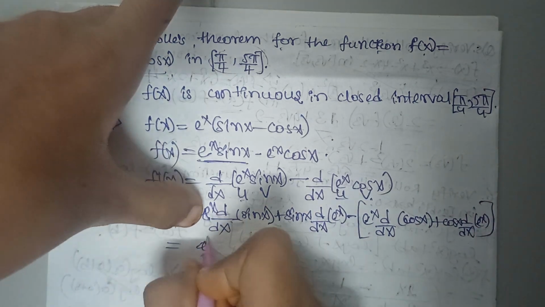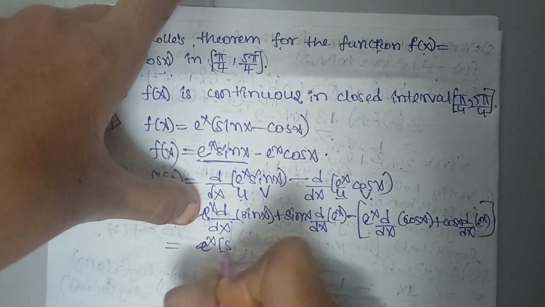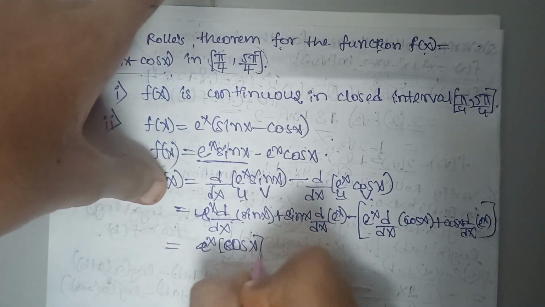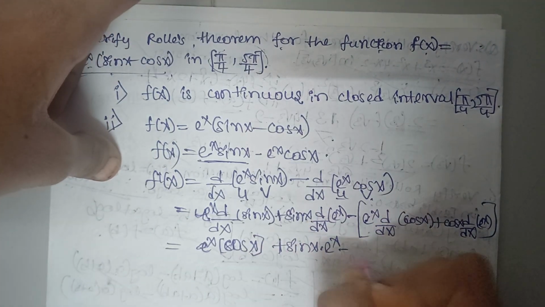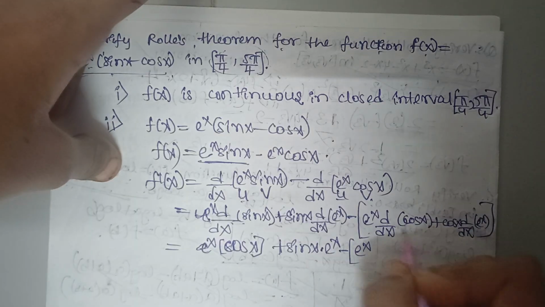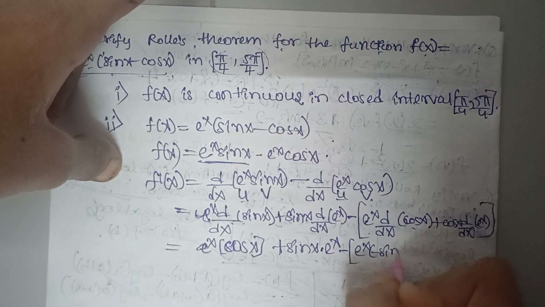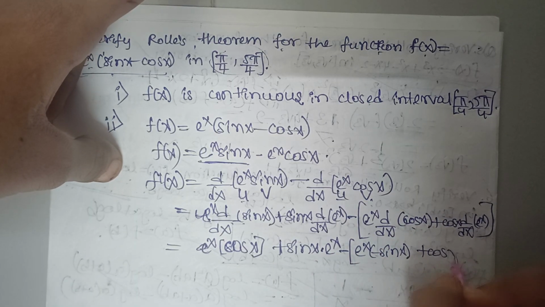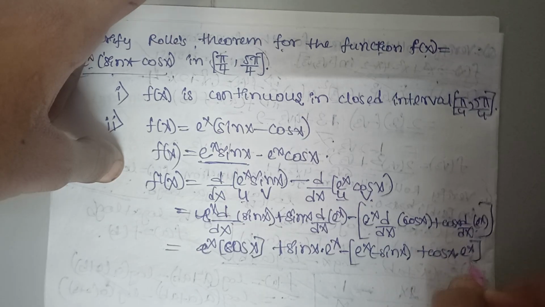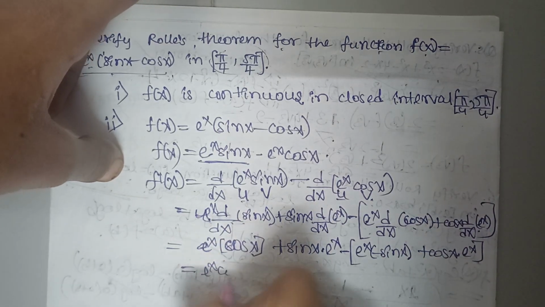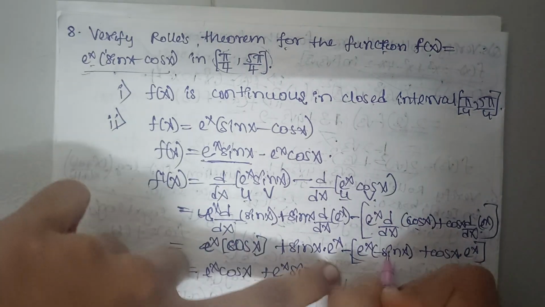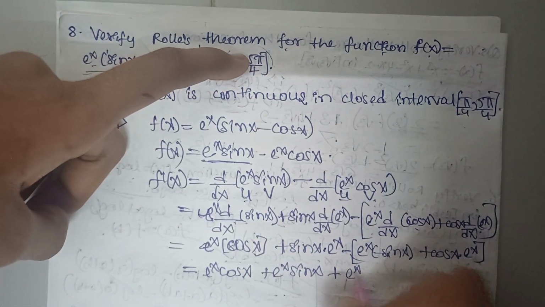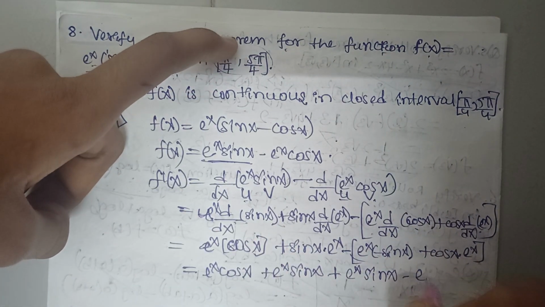That is e power x into cos x plus sin x into e power x, minus e power x into minus sin x plus cos x into e power x. So that is e power x into cos x plus e power x into sin x, minus of minus, which is plus, so e power x into sin x minus e power x into cos x.